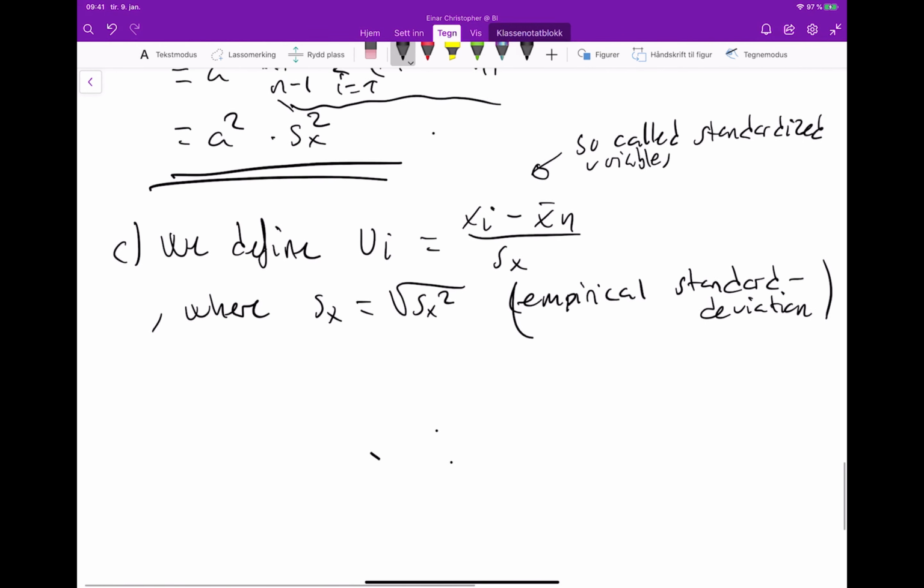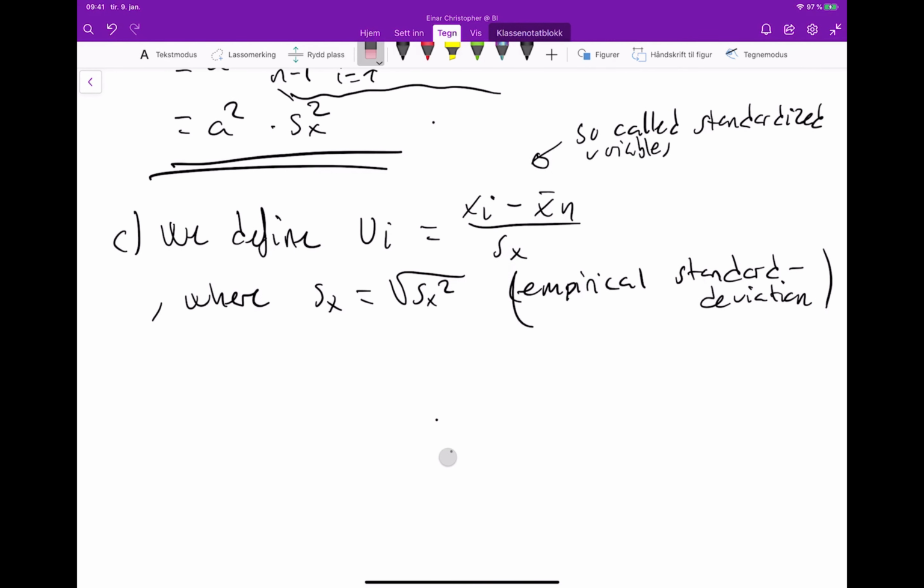And now we get to know what we are going to show. We are going to show the following. Show 1, that the mean of the u's is equal to 0. So the mean of standardized variables is always 0.